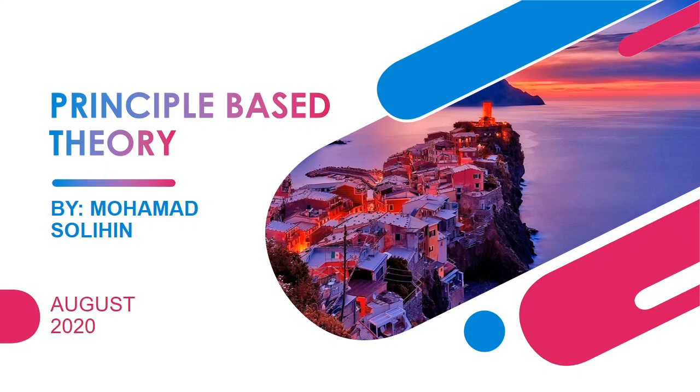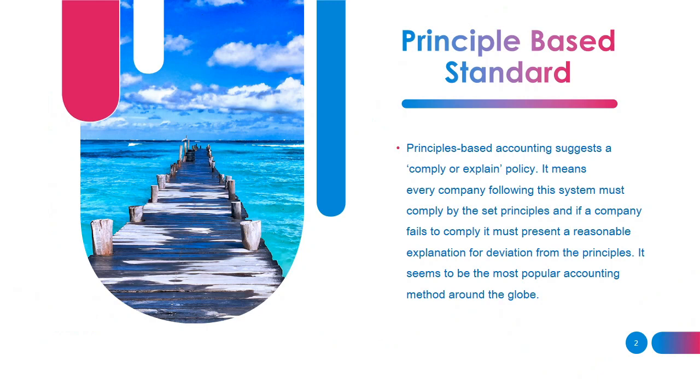So today I will present a little bit about the principle-based theory, or what we know as the principle-based accounting standard. Okay. This principle-based standard is one of the accounting approaches that are used by companies around the globe. Principle-based accounting suggests a comply or explain policy. It means every company following this system must comply with the set principles.